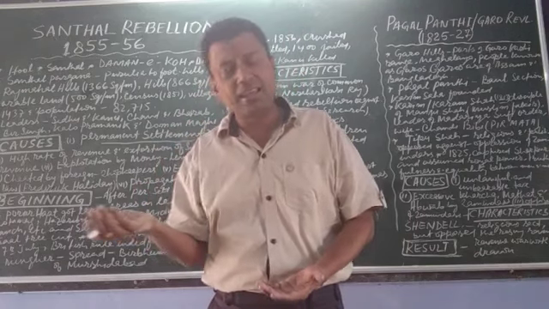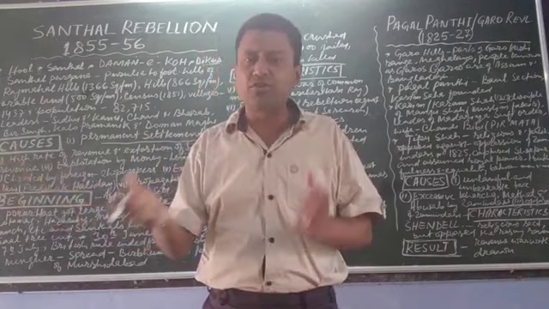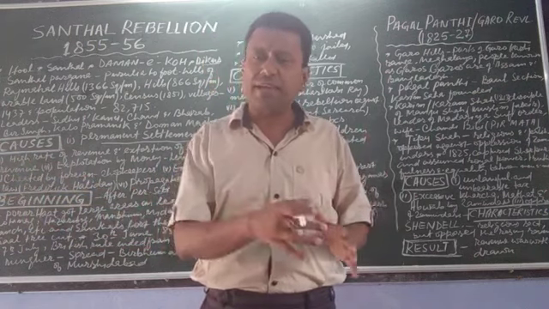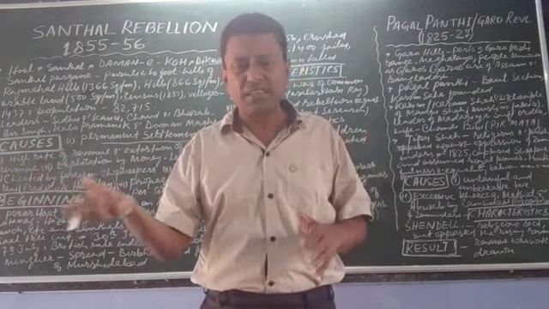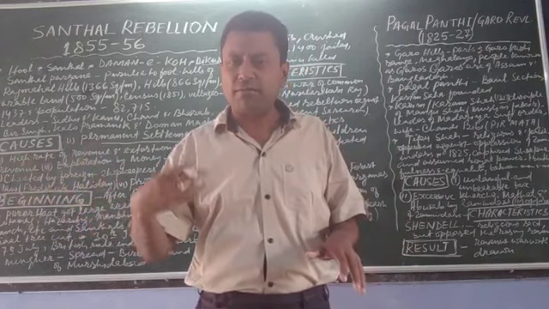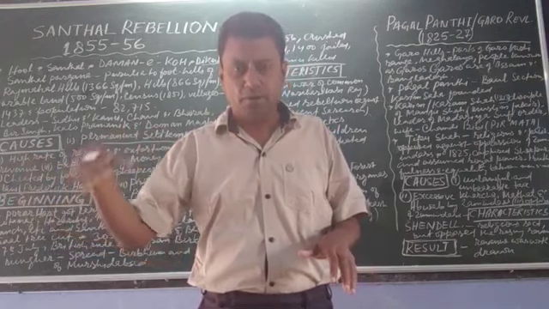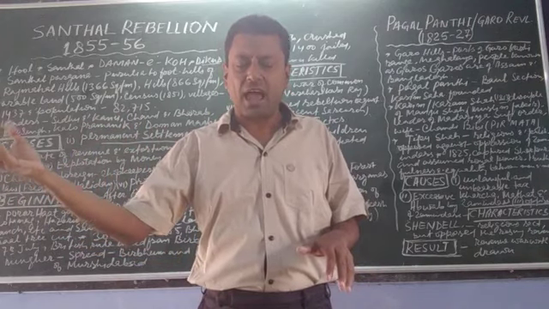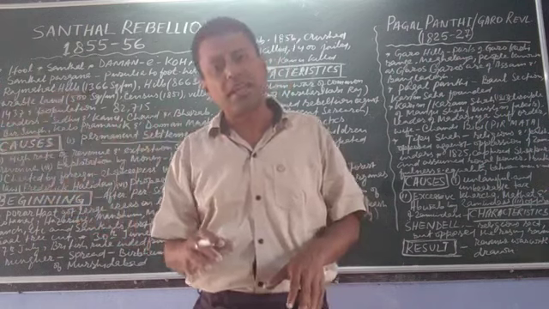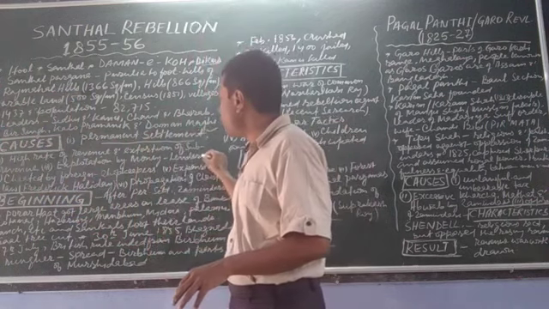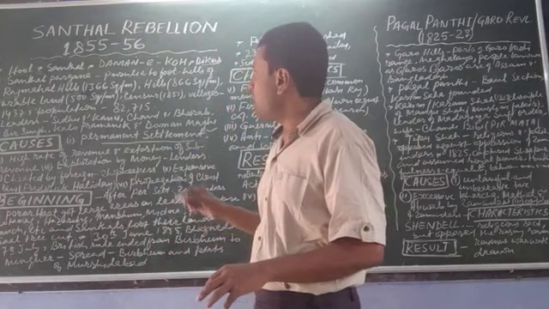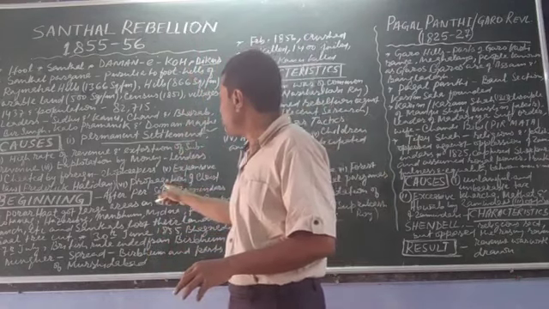But when the Santhals came to sell their crops, there was less weight and less rate, and the cost of the cereals and crops sold by the Santhals was also rated very low. So that also became the cause for the revolt of Santhal.